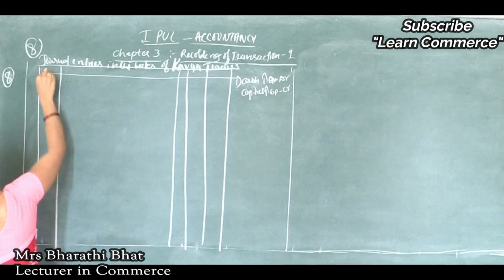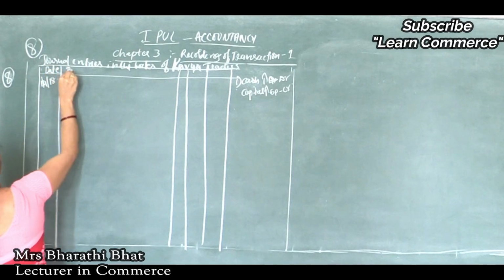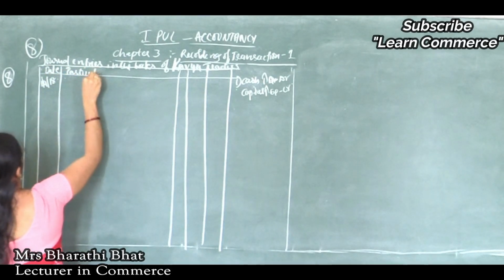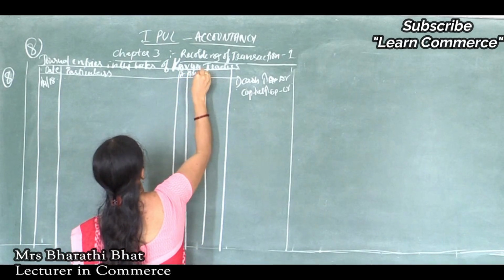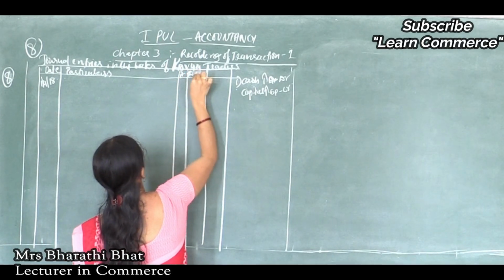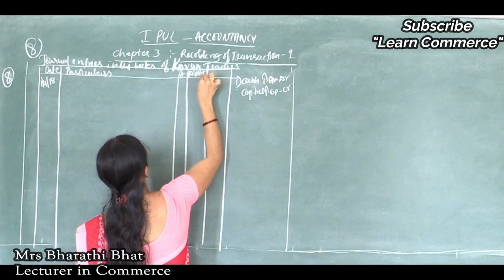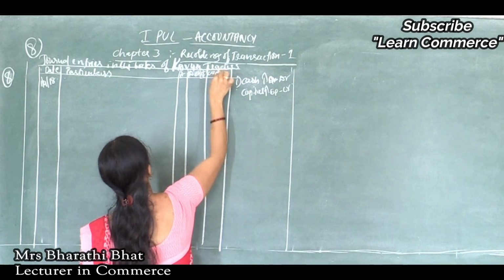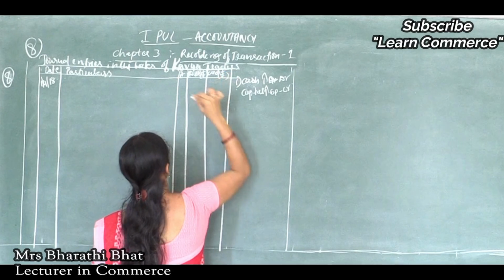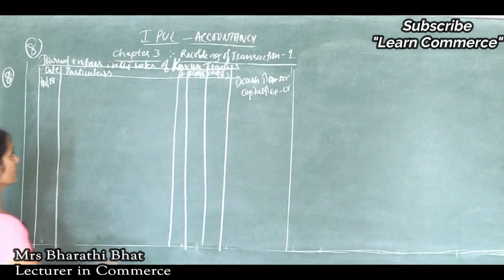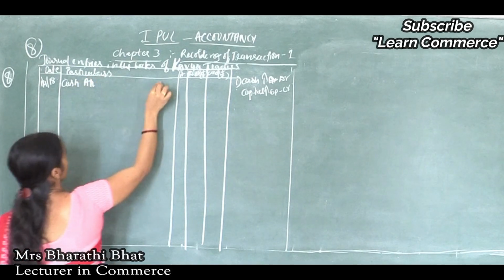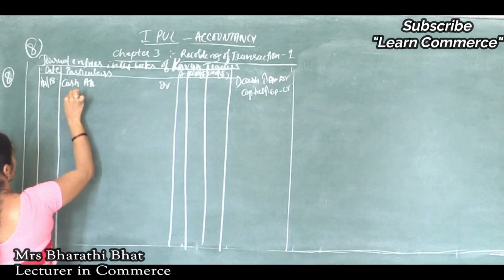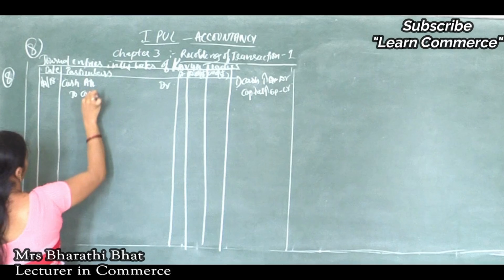So first one, 1/4/2018, business. Fill the columns first: date, particulars, LF, amount, that is the debit amount in rupees and the credit amount in rupees. Clear? We should write the debit aspect in the first line: cash account debited to capital account.